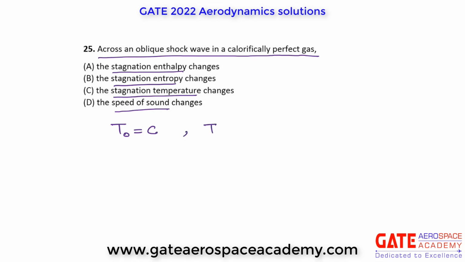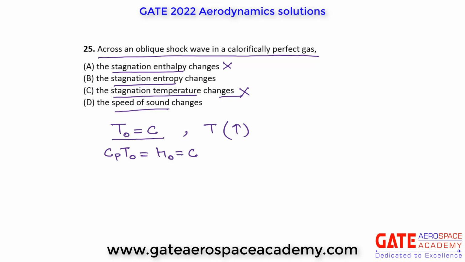It increases, correct? Static temperature will increase. So if we multiply T0 with Cp, it will become stagnation enthalpy. So H0, Cp is also a constant, so H0 is also constant. So stagnation enthalpy is constant. Here in option A, they are telling that stagnation enthalpy changes, which is wrong. In option C, stagnation temperature changes, which is also wrong because stagnation temperature remains constant, correct?